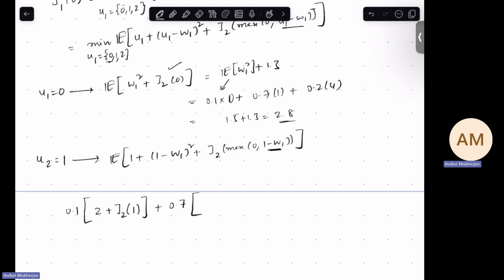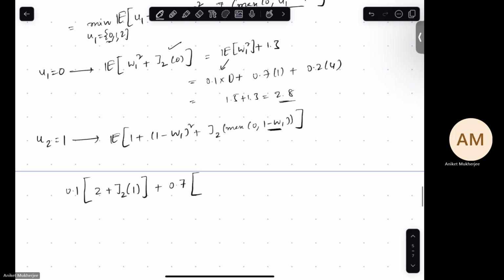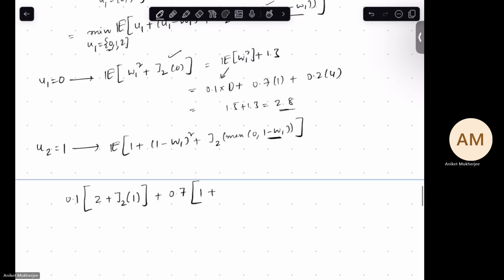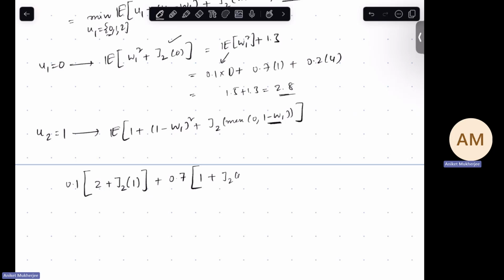Next 0.7 into, w1 is 1, so this will be 1 plus J2 0, plus 0.2 into 2 plus J2 0.